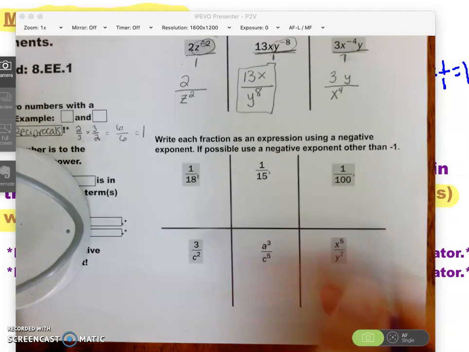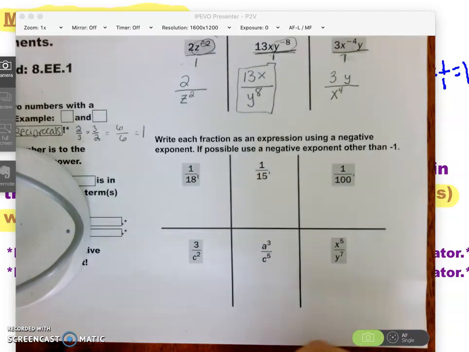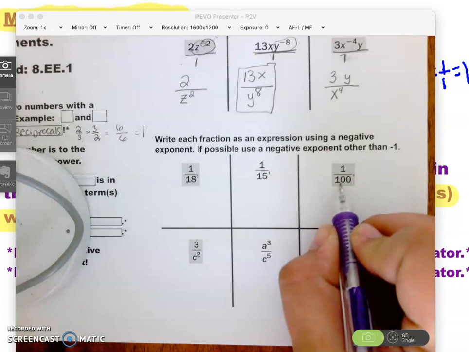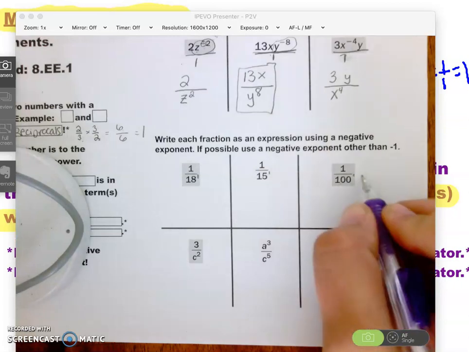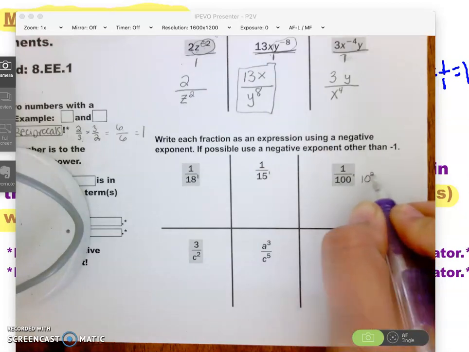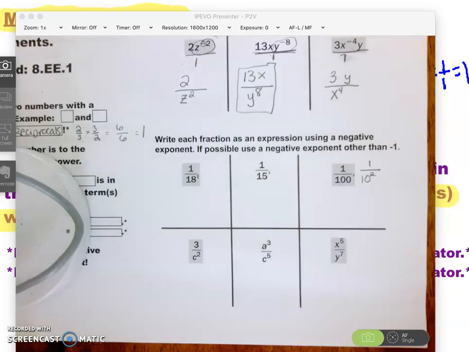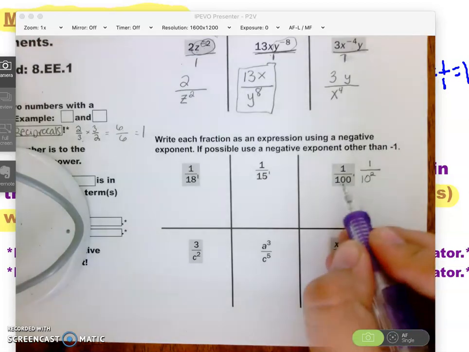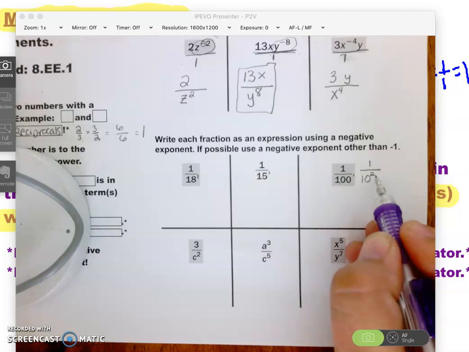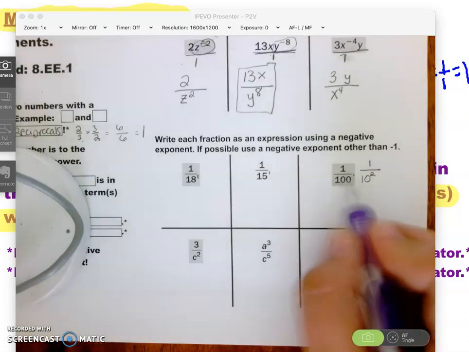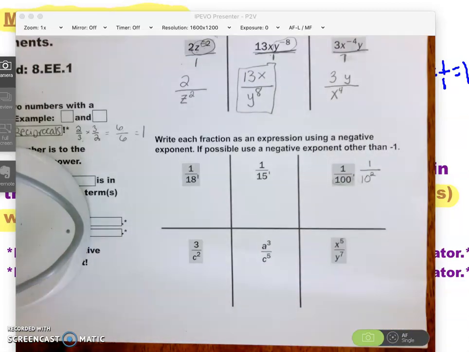But are these numbers a number that can be made by doing other exponents? Like this one right away. 100 is also known as 10 to the second power. So I can change 1 over 100 to 1 over 10 to the second power. I've not changed this number. These both still equal 100.